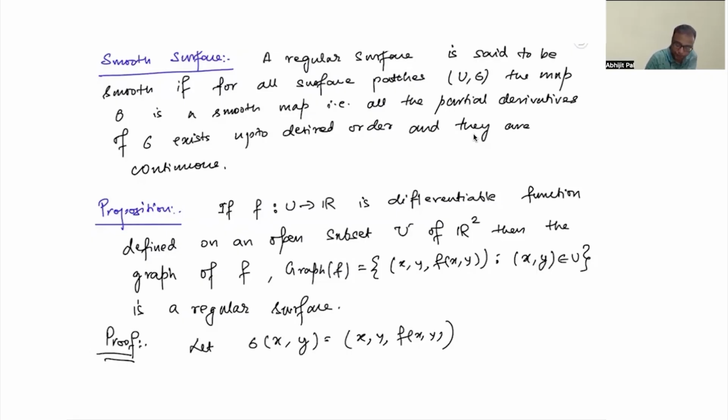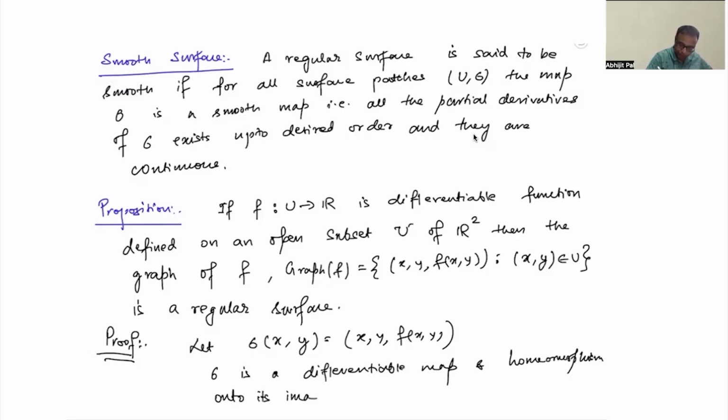This map sigma is a differentiable map and a homeomorphism onto its image.